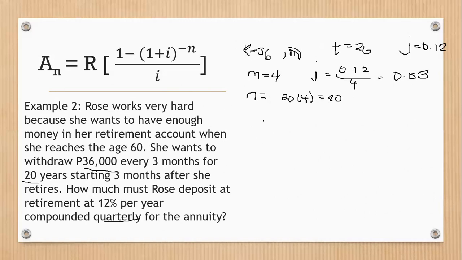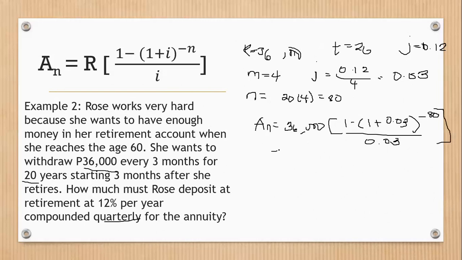In that, we can substitute na po, using our formula. A sub n, our R is 36,000, times the quantity 1 minus the quantity 1 plus our i, 0.03, raised to negative n, where n is 80, over i, 0.03. Simplify muna natin yung nasa loob ng parenthesis.